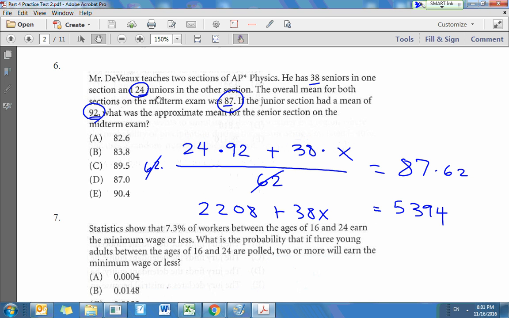Now it's a pretty simple algebra question. I take 5,394 minus 2,208, and I get 3,186 is equal to 38x. I then divide by 38, divide by 38, and I get 83.84 is the average for this senior section.